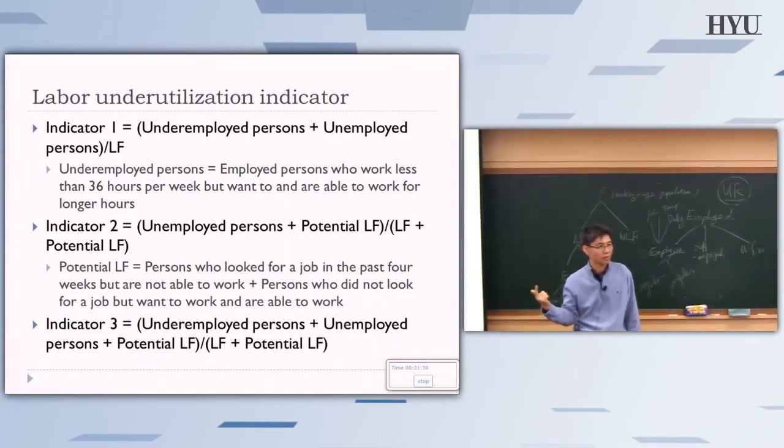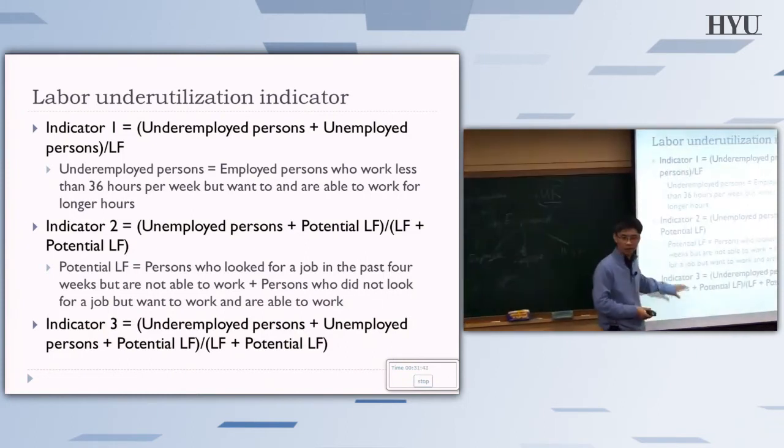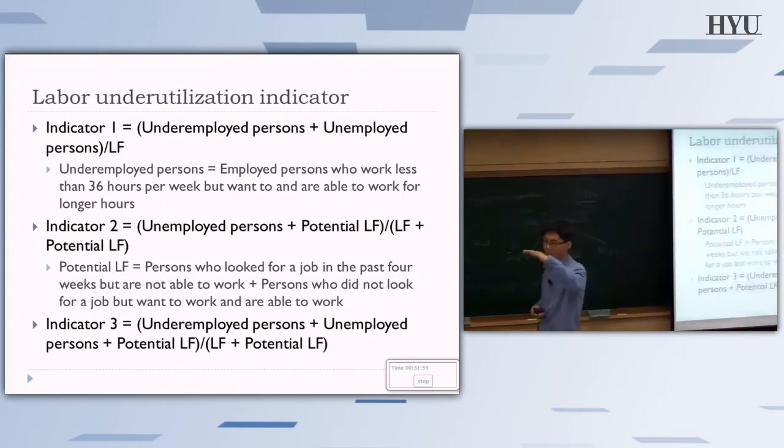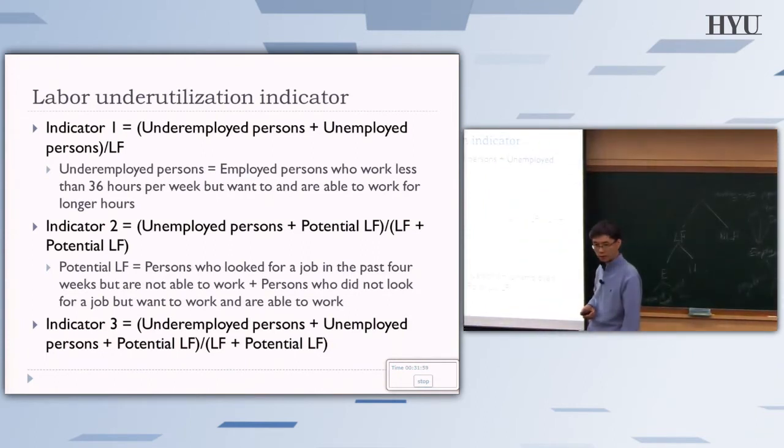That is the most desirable situation. So this is the percentage of people who are not working to their most desirable level. Got that? These are underutilization indicators.